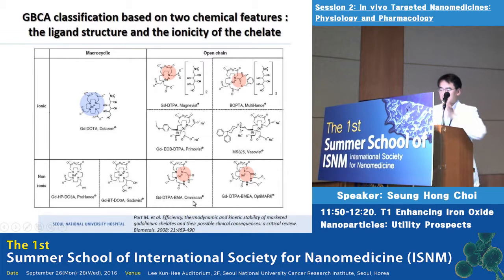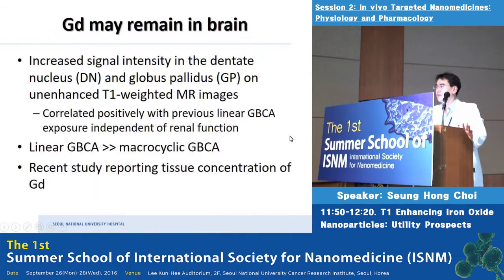Actually, the non-ionic linear agents, including Omniscan and Optimark, seem to be less stable than other kinds of gadolinium-based contrast agents. These agents have the potential to cause NSF in patients with renal function impairment.